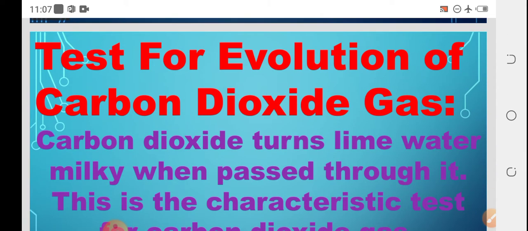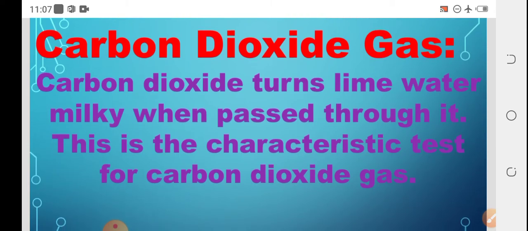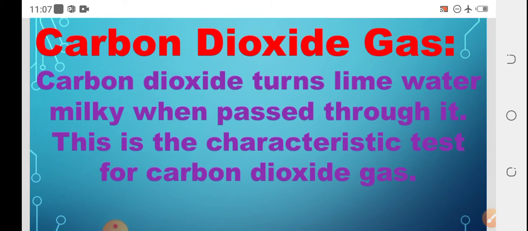Then some of the test experiments. Test for evolution of carbon dioxide gas. Carbon dioxide turns lime water milky when passed through it. This is the characteristic test for carbon dioxide gas.